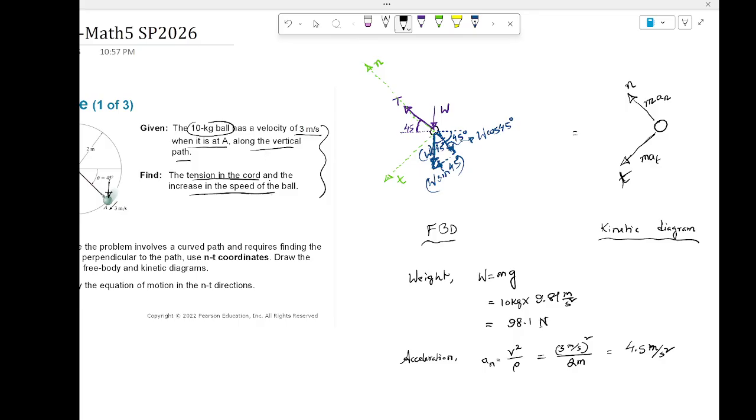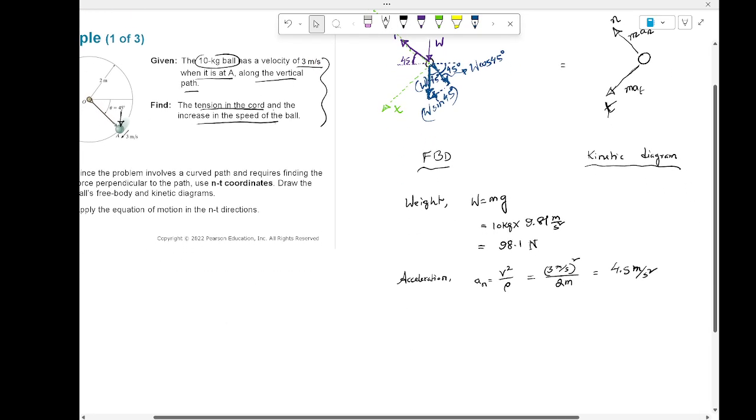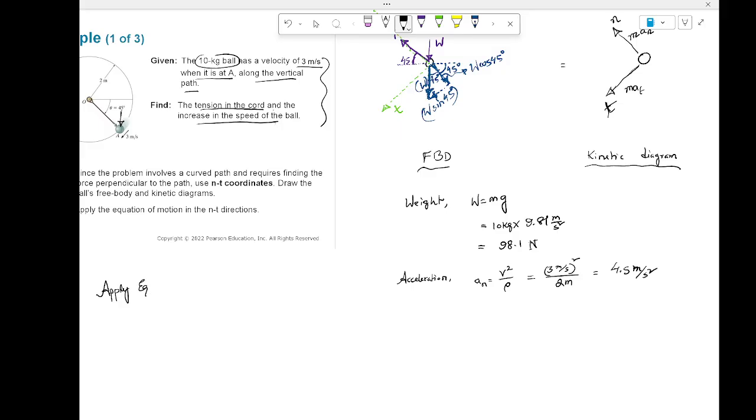When I say officially ready, you have to use the equation of motion. You remember Newton's second law? That's the equation of motion, right? F equals ma, or in this case, the summation of F equals ma. So that's what we'll be doing: apply the equation of motion in two different directions.